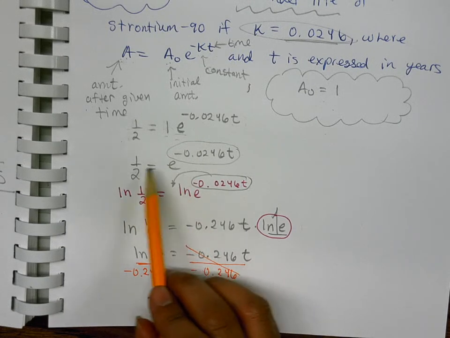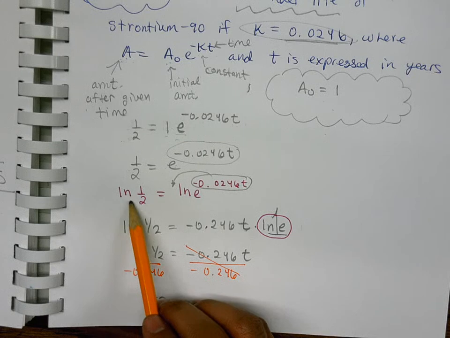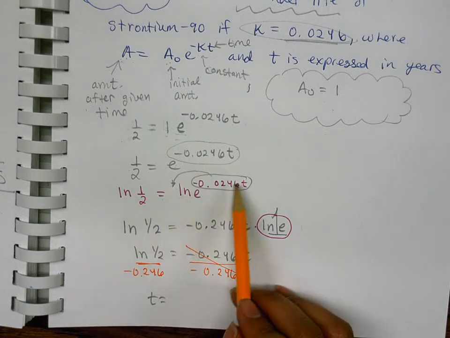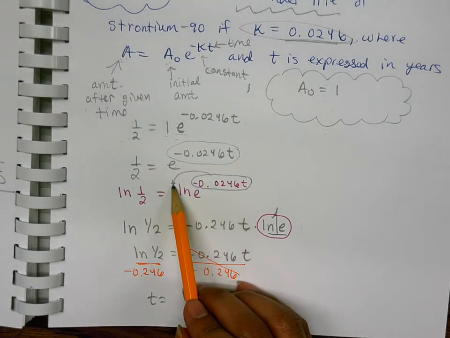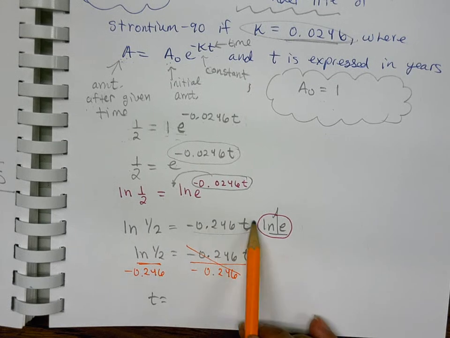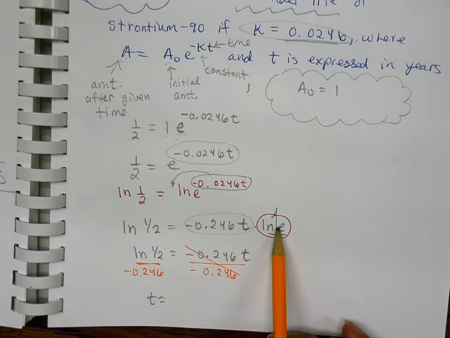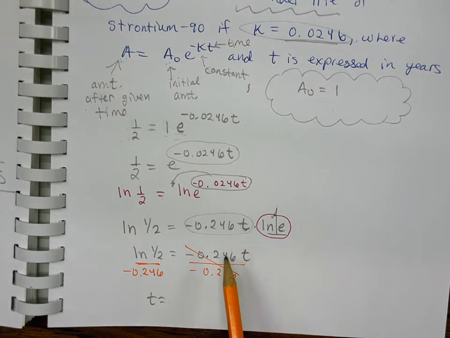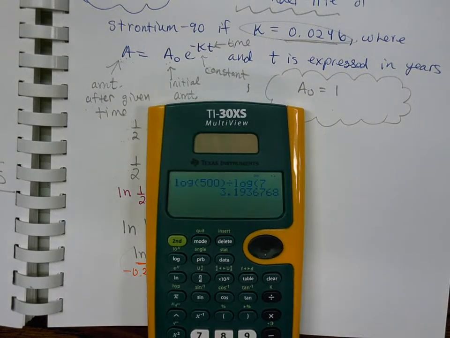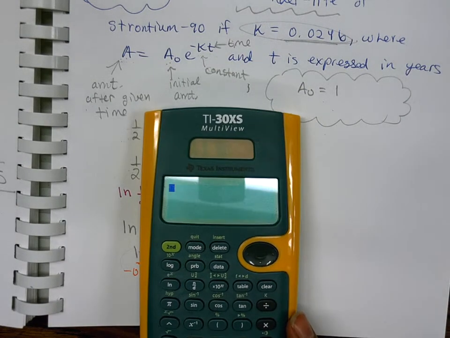This is what I have. I take ln, or log base e, of both sides. Ln of 1/2 equals ln of this exponent, which I'm going to bring to the front. Ln of e is a big fat 1 in disguise, which times by 1 doesn't change anything. I'm left with this.